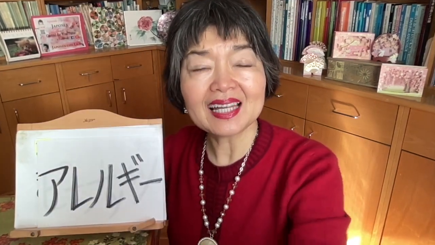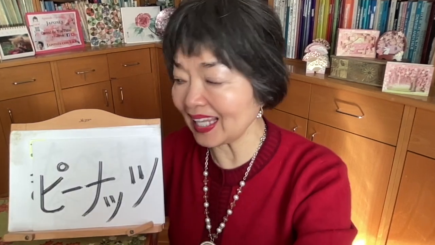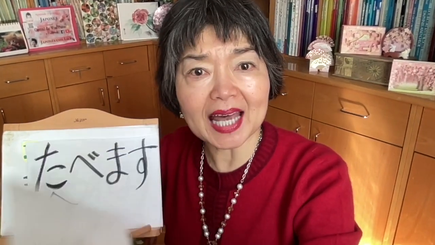So instead of 食べられません, casual form 食べられない, right? But now without ら, 食べれない. 彼はアレルギーでピーナッツが食べれない。As I told you, in the exam, if you say 食べれない, this is not correct.